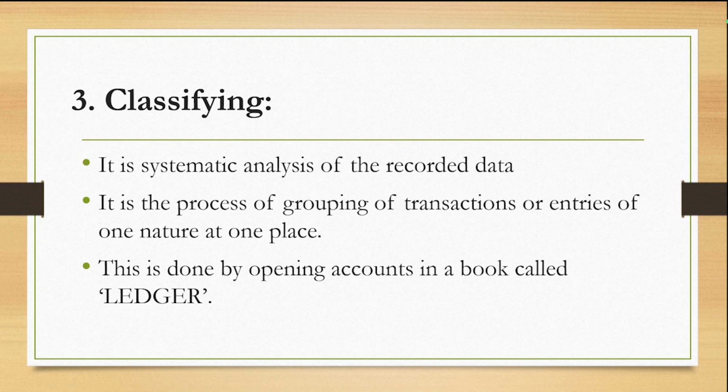In ledger, we keep different accounts like cash account, bank account, furniture account, machinery account, different liabilities accounts such as creditors account, different assets accounts such as debtors account, furniture, machinery, and as and when required, a number of accounts as per the need and demand of the business.